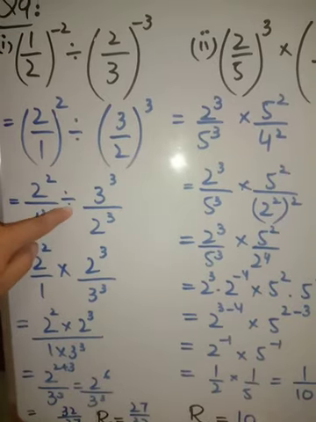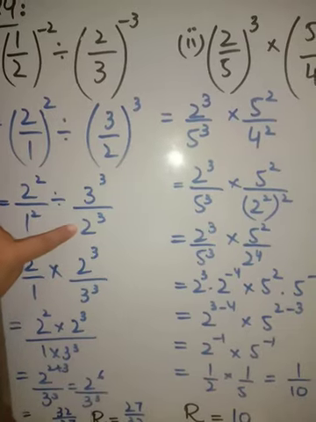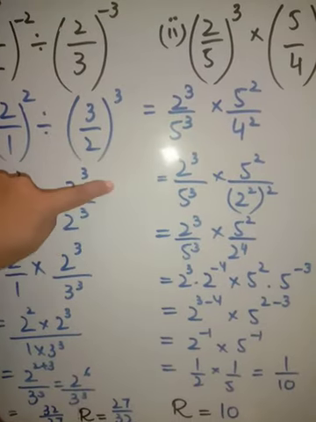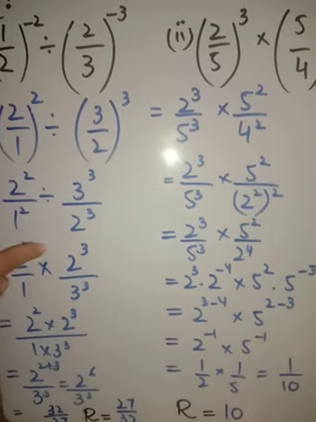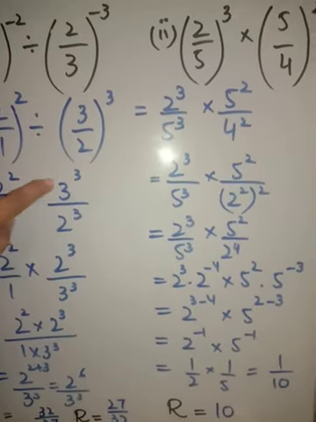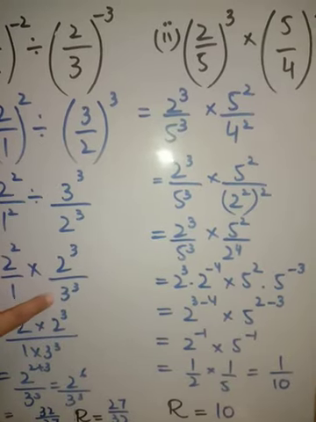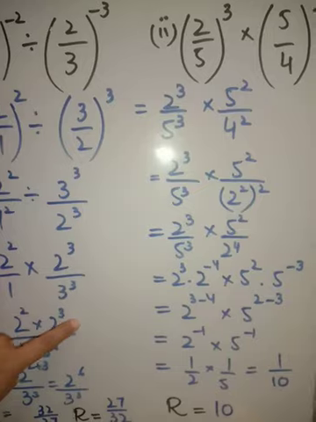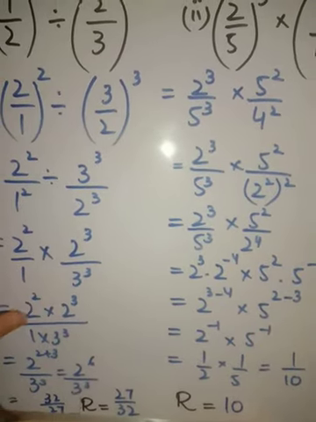When we have to change the divide sign into multiplication, then we will take denominator as numerator and numerator as denominator. So 2 by 3 will be numerator then, and 3 by 3 cube will be denominator then. 2 square multiplied by 2 cube. Base is same, powers will be added. 1 multiplied by 3 cube.